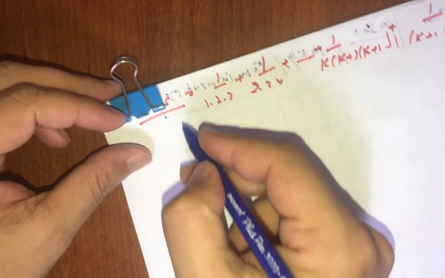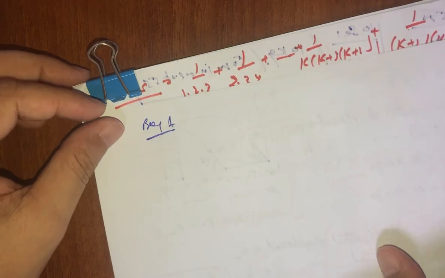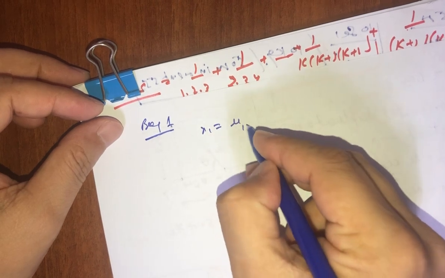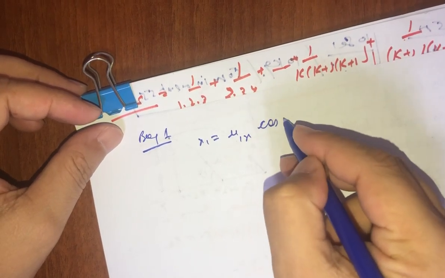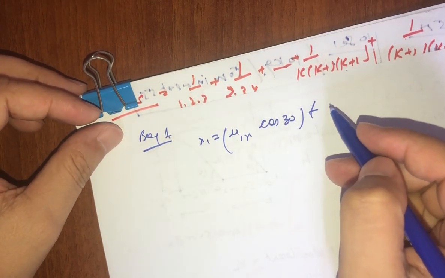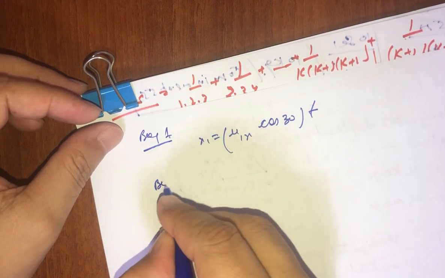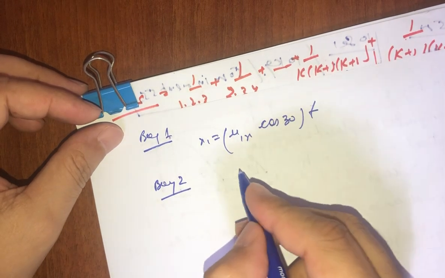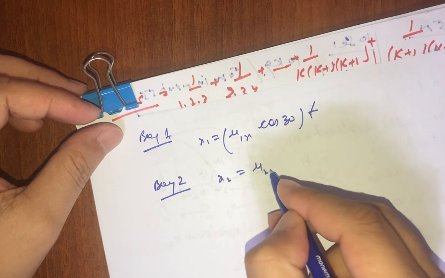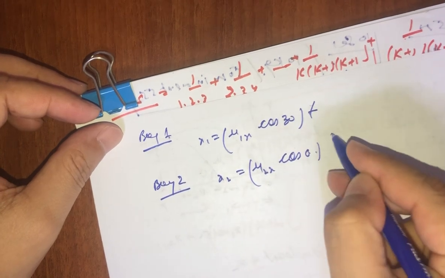Like we say for boy 1, we can say that x1 is equal to u1x cos 30 multiplied by t, and for boy 2, we can say that x2 is equal to u2x cos of theta multiplied by t.